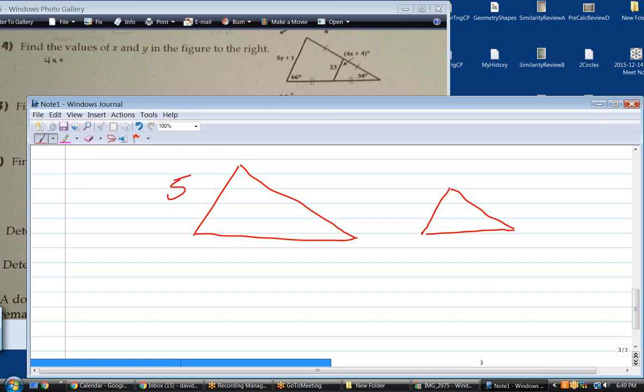This is 5y plus 1. This is 66 degrees. This is 34 degrees. This is 23. This is 34 degrees. What's this angle right here?